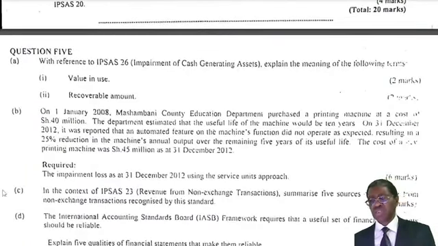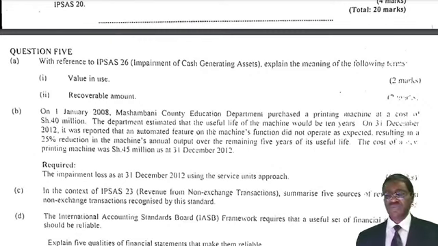The second one is a question that came in June 2013. That's the question I want us to do now.